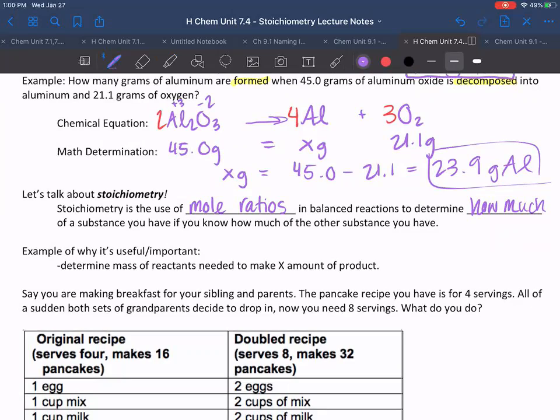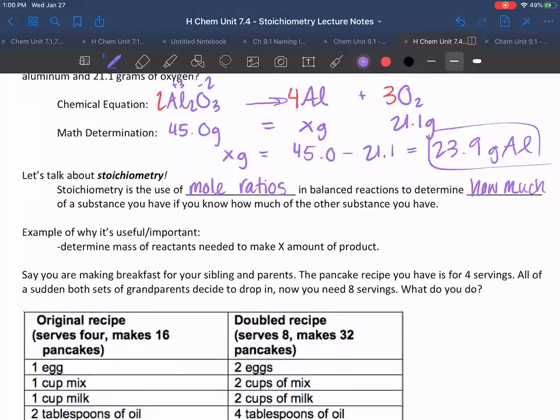So for the problem we just did, if we know how much aluminum oxide we have, we can determine using stoichiometry how much we'll produce of aluminum and oxygen. This is really important in industry because you can determine how much of the reactants you'll need in mass, or how much you'll produce. We'll do some examples of that.